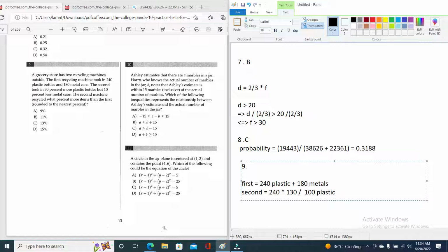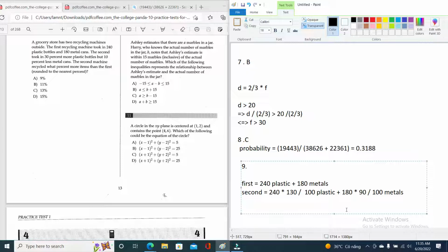And 10% less metal, so 180 times 90 over 100 for metal. So that's it. Let's calculate.